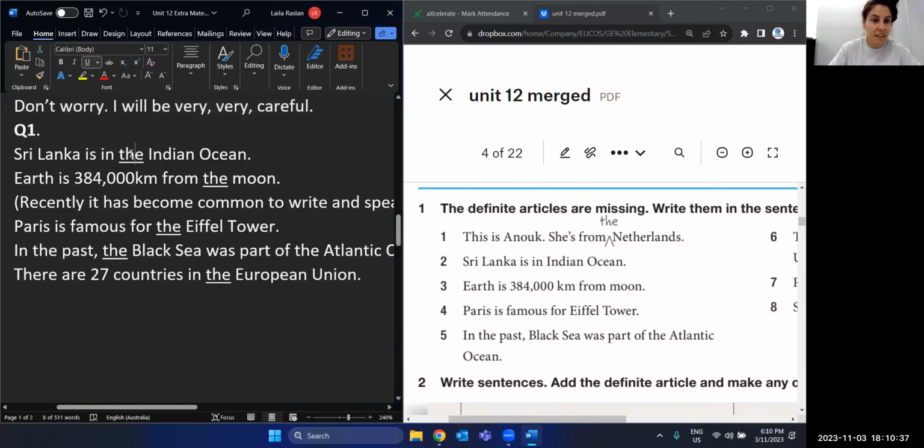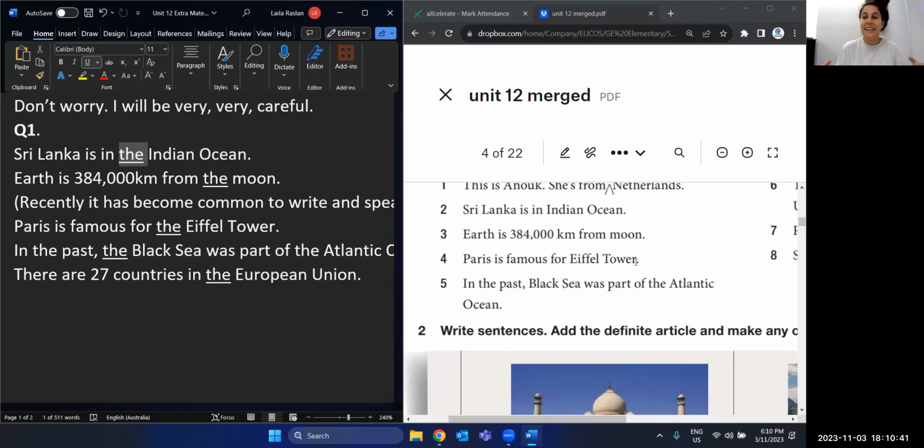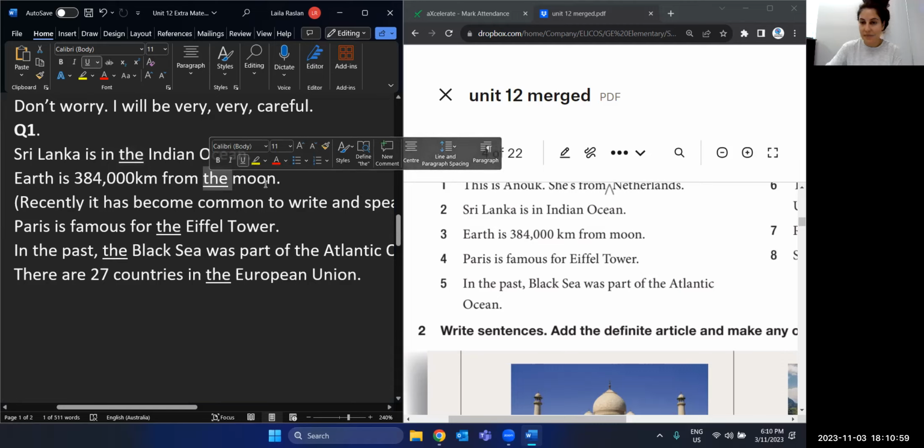Yeah, we need to say the, because oceans, we say the. Australia is in the Indian Ocean as well, but it has another ocean. Earth is 384,000 kilometers from the moon. We know for planets, we need to say the moon.